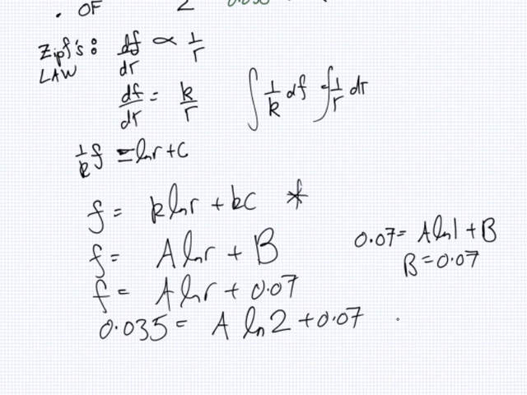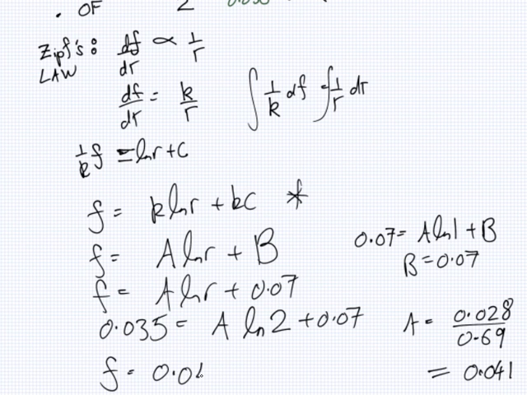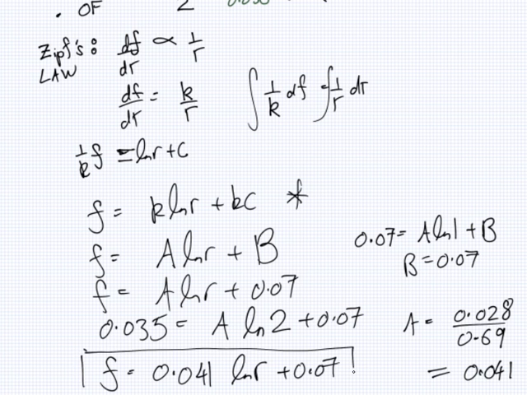Okay, so now I get a equals 0.028 over log 2, which is 0.69. What's that, please, for a? 0.04. Okay, so I have f equals 0.041 log r plus 0.07. So if you know the rank of the word, then you can know how often it appears.